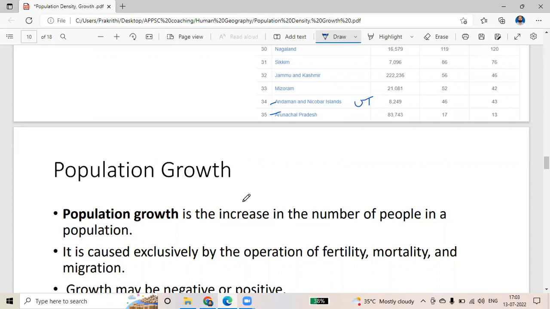Population growth is the increase in the number of people in a population or an area. The number of people in a population, that you can say. Or if not, we can say, in a particular area, the increase in the number of population, that is it.